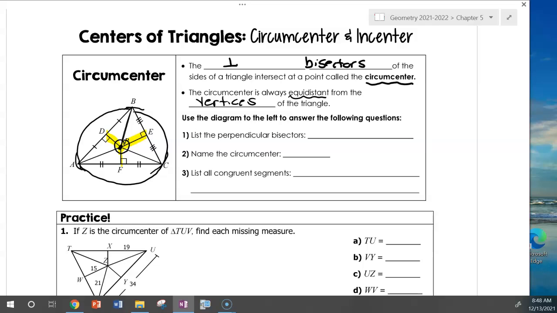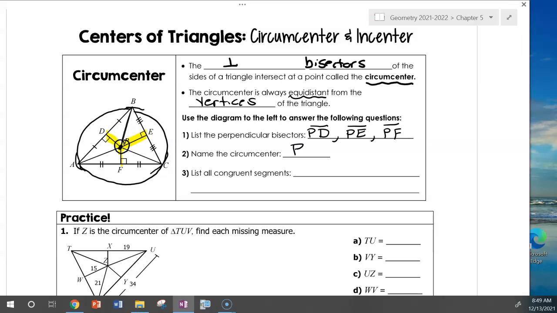So what we're going to do now is we're going to list all the perpendicular bisectors. So we have line segment PD, line segment PE, and line segment PF. Those are all the perpendicular bisectors. They meet at the point P, so that's your circumcenter. And then we're going to list all the congruent segments.